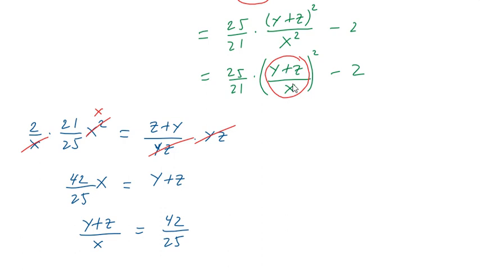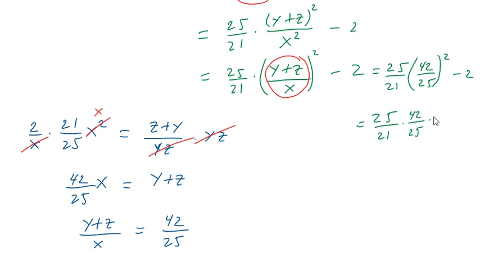Okay, so now let's replace this with 42 over 25, so that we have 25 over 21 times the square of 42 over 25, and then minus 2. I will not expand this because I can write this as 25 over 21 times 42 over 25 times 42 over 25 minus 2 and cancel common factors. 25, and 42 divided by 21 is 2.